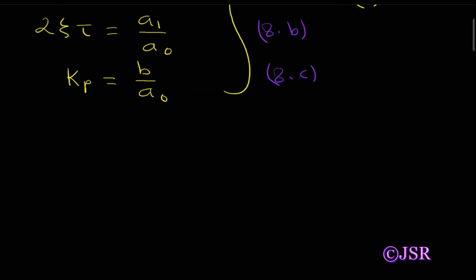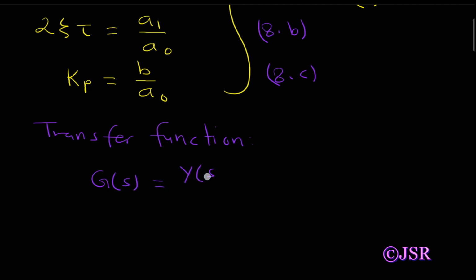Till now we have explained the order of a system and the system parameters. So now let's find out the transfer function. So to find out the transfer function, we have to transform the ordinary differential equation into S domain. So the transfer function can be defined as g of s equal to y of s upon x of s.